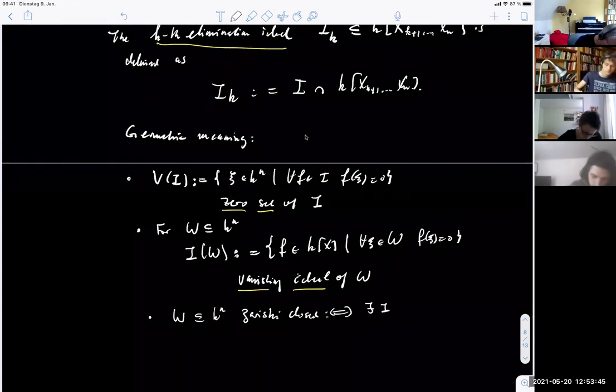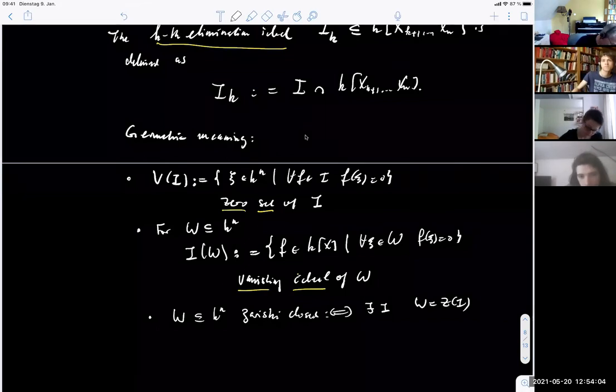So there is some I such that W is the zero set of I. This Zariski notion was in the exercises, yes, okay.